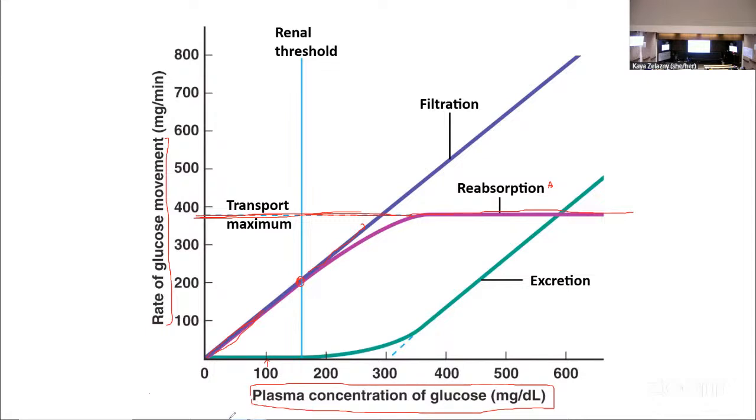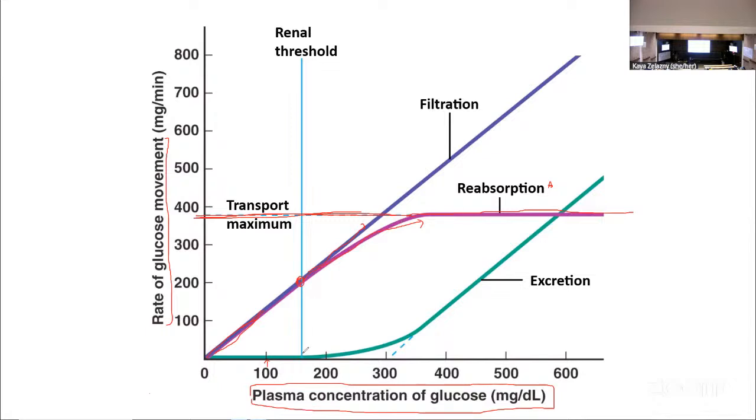But we're starting to hit this point where some of that glucose isn't coming into contact with an unoccupied glucose transporter, so it's passing by the proximal tubule. This is why we see that reabsorption start to peel away, leaving some room between our filtration line and that reabsorption line.